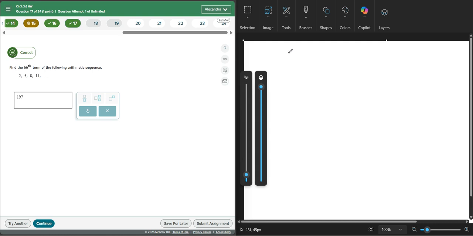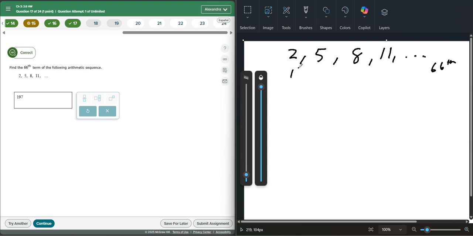So we got the pattern. We got 2, 5, 8, and 11, and so on, all the way to the 66th term.